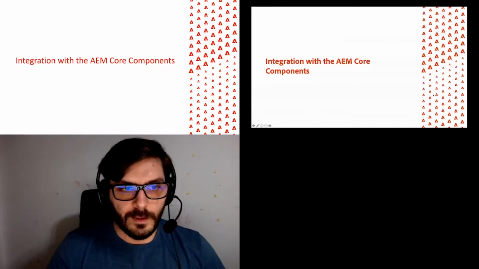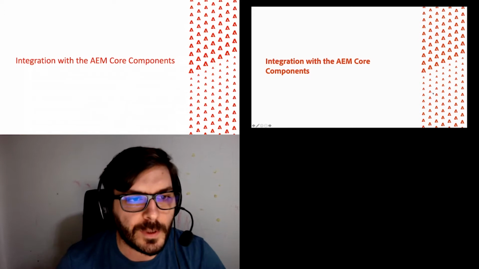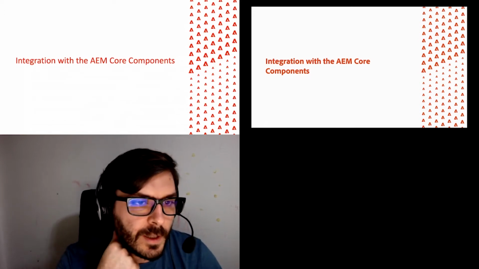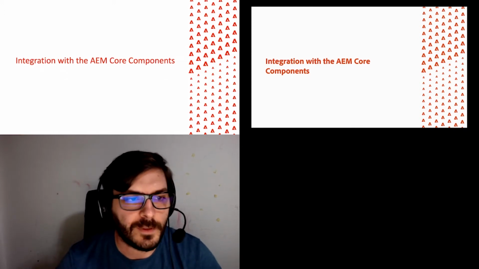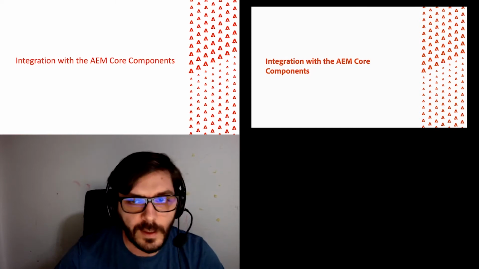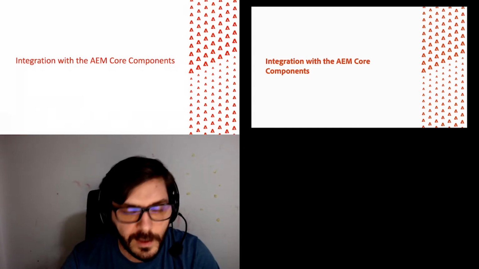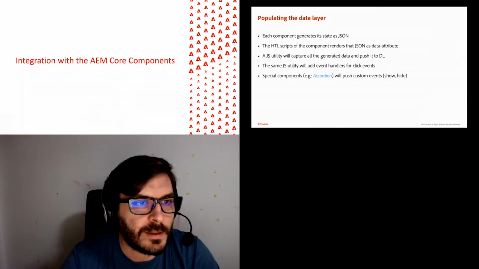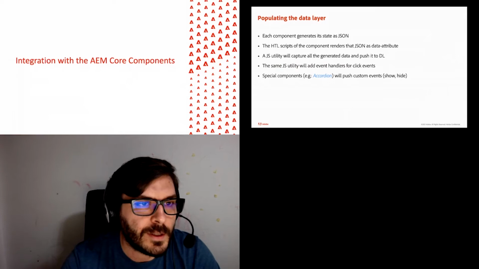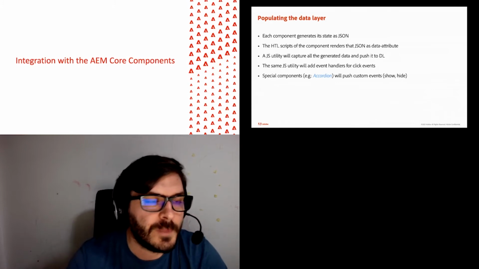All right, so you just saw how the data layer API works, how you can add data to it, and how you can register event listeners to listen for event changes in the data layer. Now, AEM core components provide an out-of-the-box integration with the data layer, meaning that it will automatically populate it with each component that is present on the page by generating its data as a JSON in a data attribute of each HTL script.